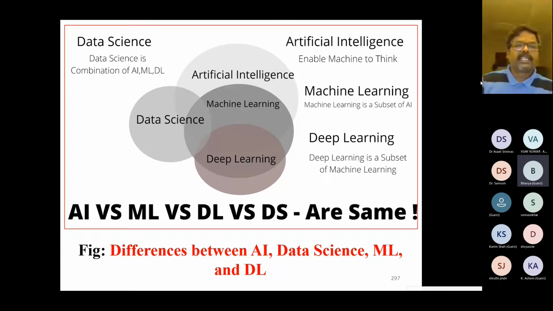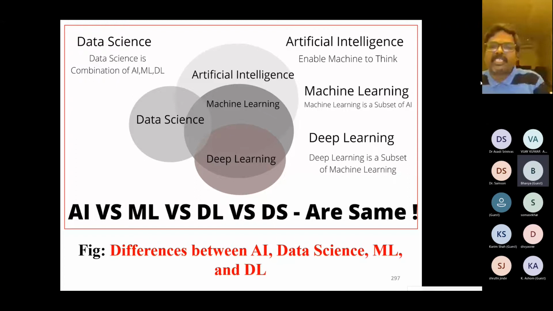Data science is nothing but a combination of AI, ML and DL. Artificial intelligence is nothing but enabling machines to think.